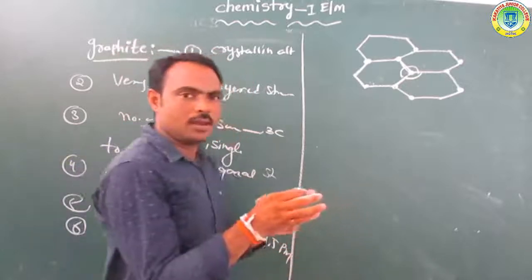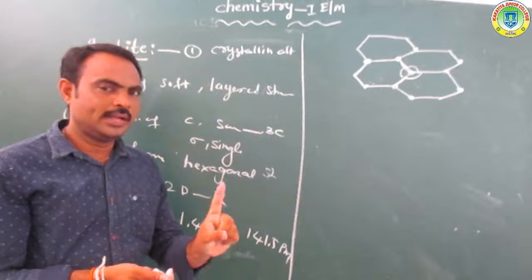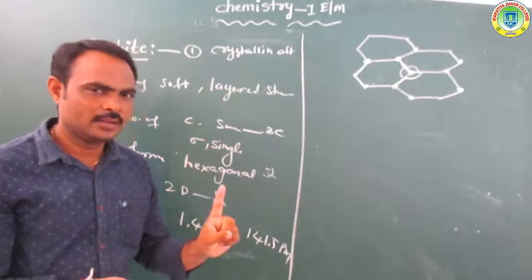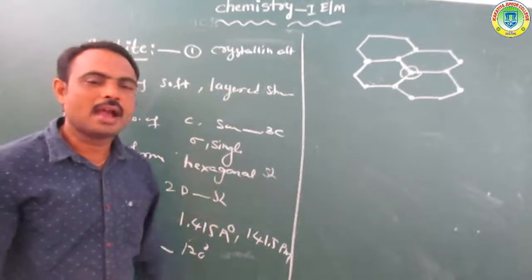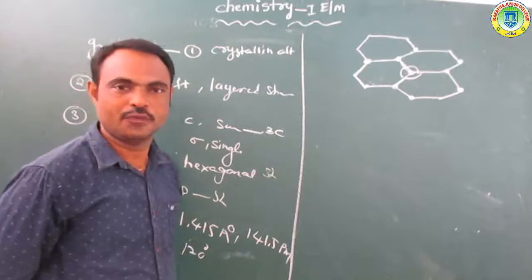Listen, already we know that in the excited state, carbon contains 4 single electrons.